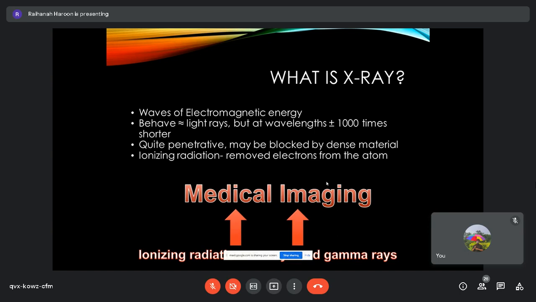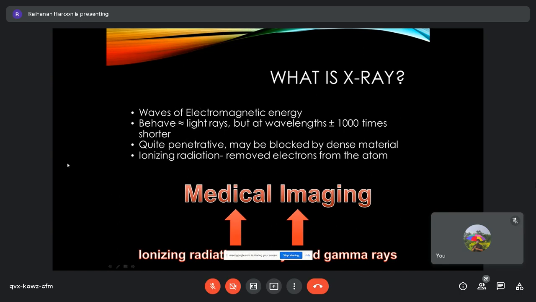But it doesn't have color, it doesn't have smell. We can only see the effect that it does, okay? So it has some element of electric, some element of magnetic in terms of energy, and very much it behaves like light rays, but it is more penetrative than light rays, okay?